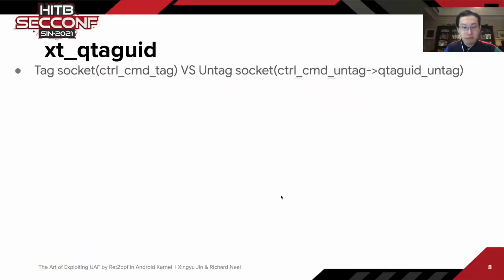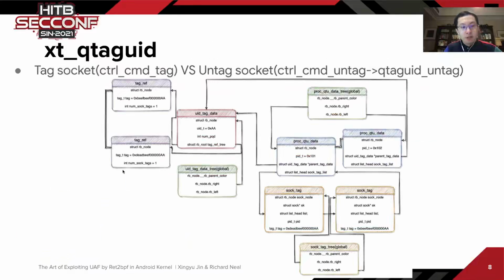So here is the basic overview of all the related kernel data structures when a socket is tagged. As we mentioned in the last slide, the module will create tag_ref and sock_tag structures in here and here.